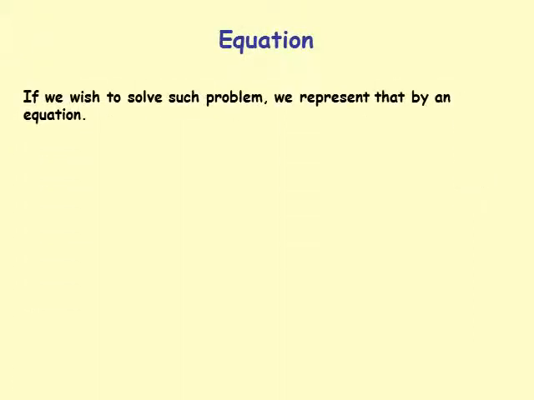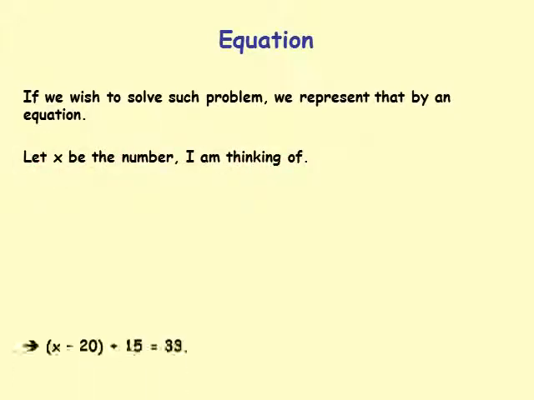To solve such a problem, we represent it by an equation. Let x be the number I'm thinking of, and we say that we subtract 20 and add 15 to become 33. First we subtract 20, so x minus 20. I put in a parenthesis here to indicate my order.